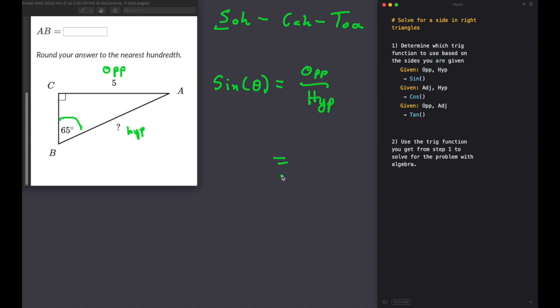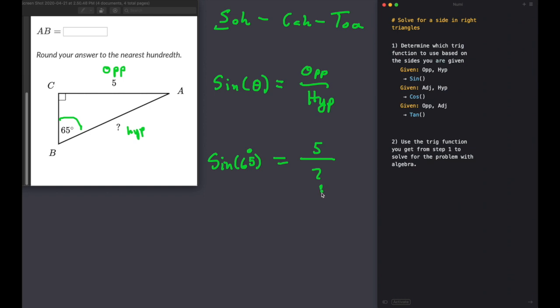If I fill this equation out, I end up with the sine of 65 degrees equals my opposite, which is 5, over the value I want to find, my hypotenuse.